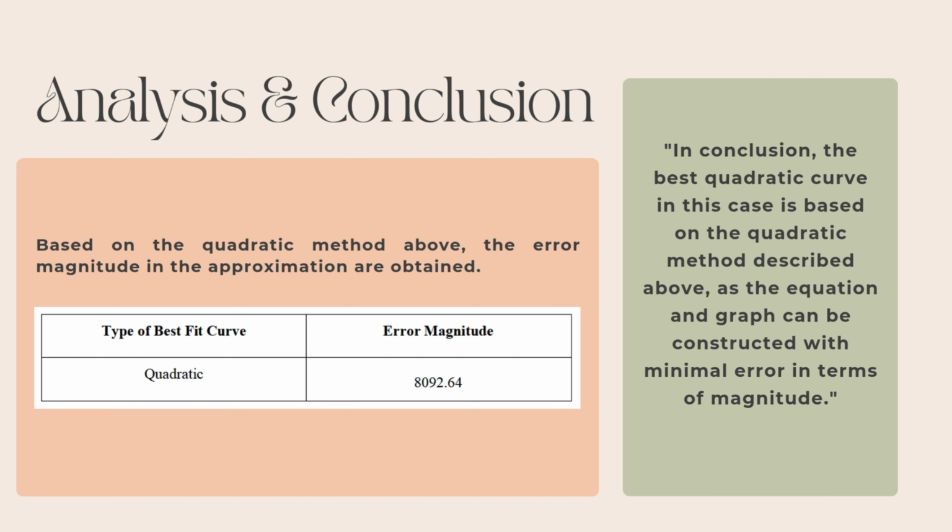So in conclusion, the best quadratic curve in this case is based on the quadratic method described above, as the equation and graph can be constructed with minimal error in terms of magnitude.